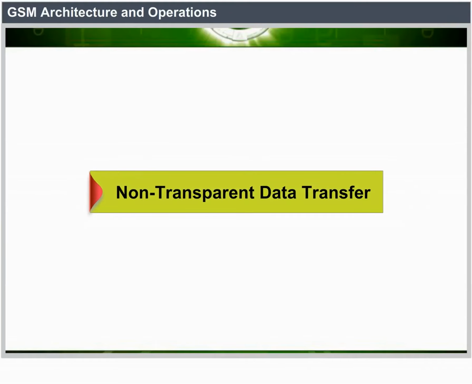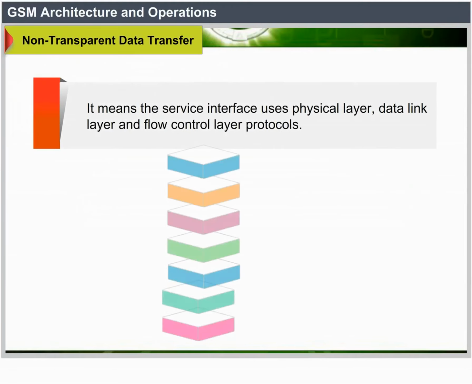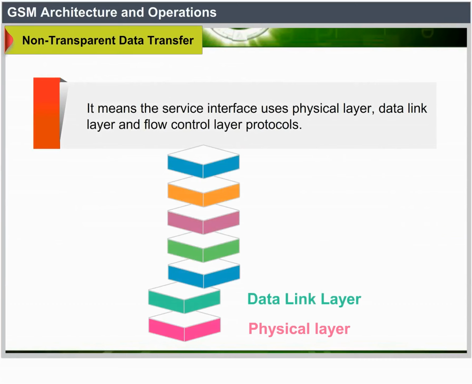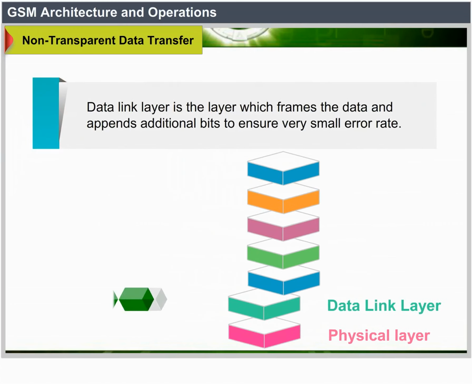Non-transparent data transfer. Non-transparent means the service interface uses physical layer, data link layer and flow control layer protocols. Data link layer is the layer which frames the data and appends additional bits to ensure a very small error rate.